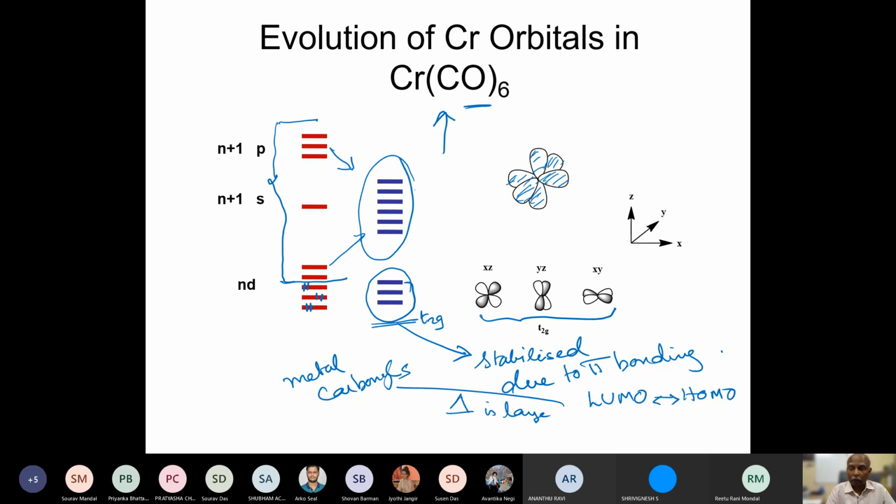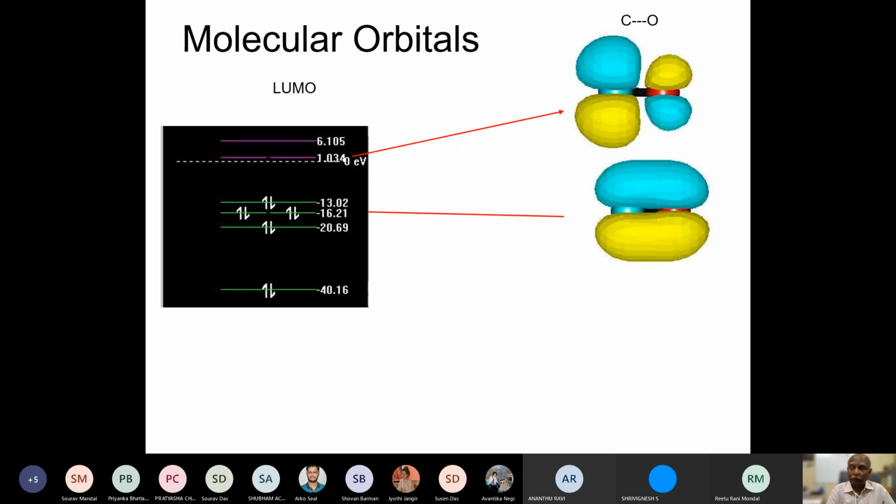We will talk about a little more of the intricacies of metal carbonyl bonding. I have already explained to you why the carbon end is interacting with the metal. If you recollect, the pi star orbital has a larger lobe on the carbon side.